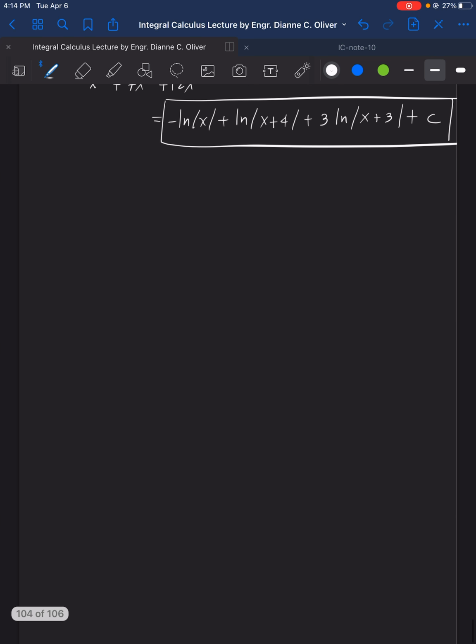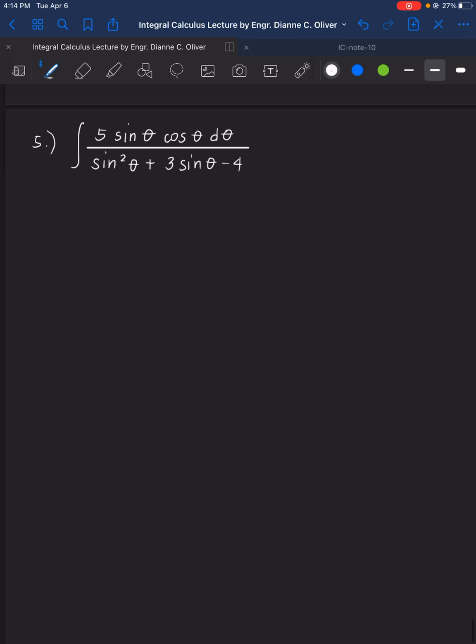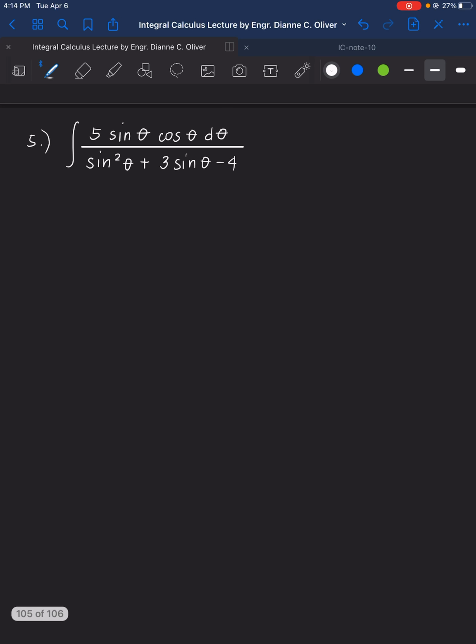Let's proceed to the last example, number 5. Okay, we're seeing some trigonometric functions here. So integral of 5 sine theta cosine theta d theta all over sine squared theta plus 3 sine theta minus 4.